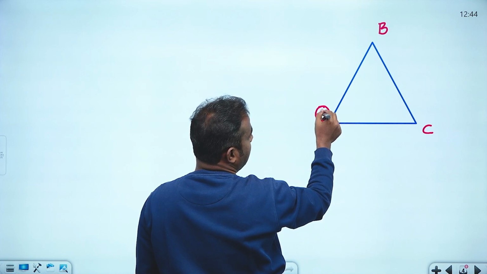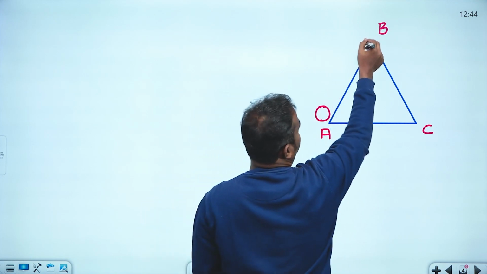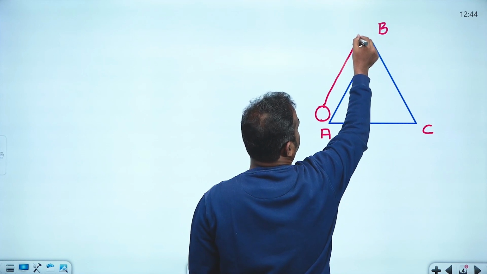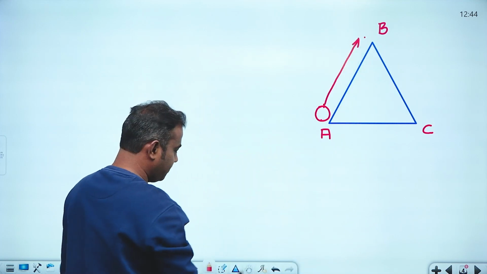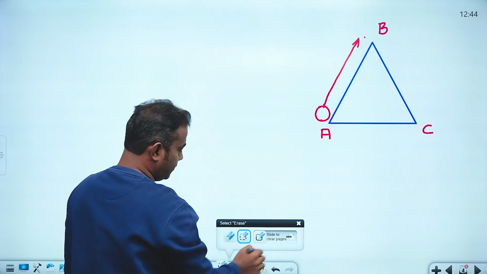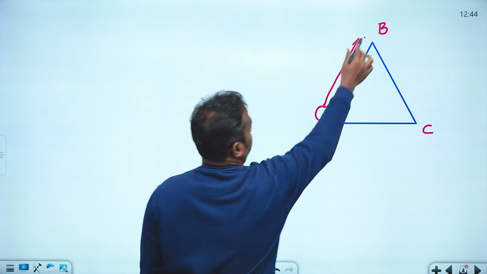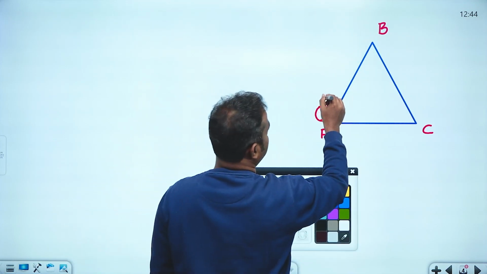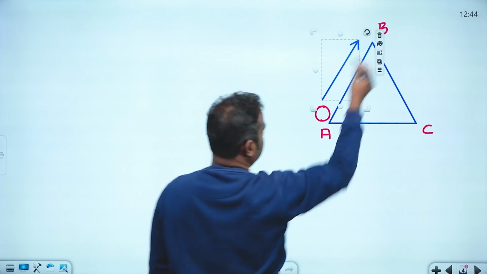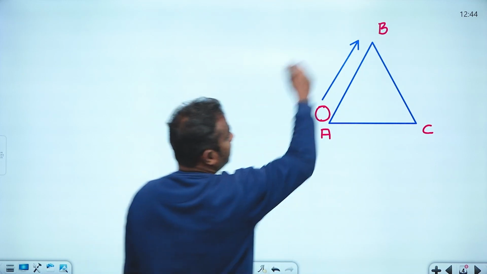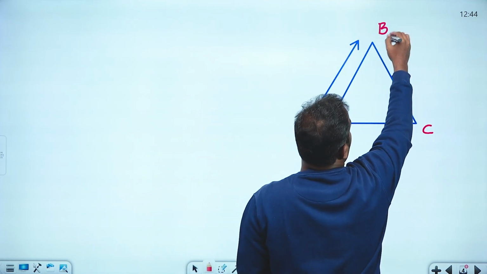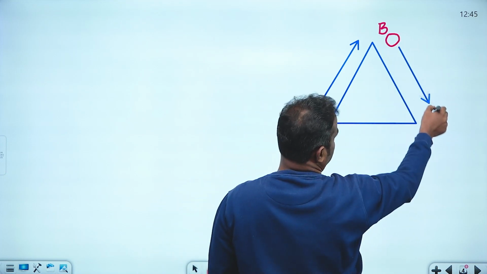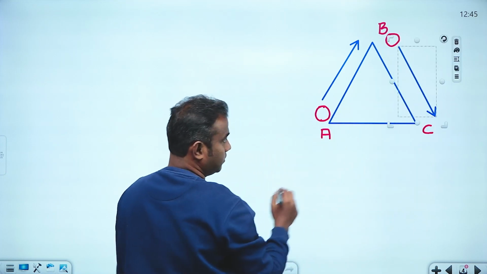It traveled from point A to point B. Then from here again, it traveled from point B to point C.